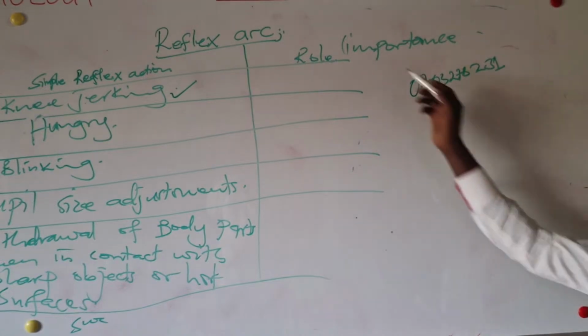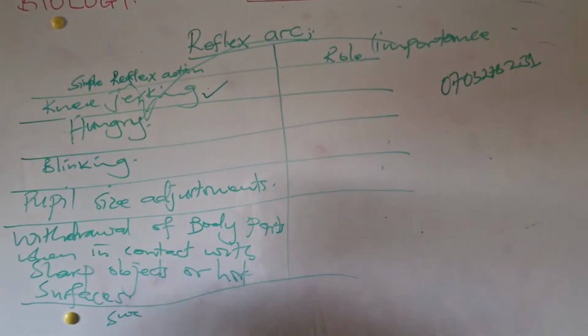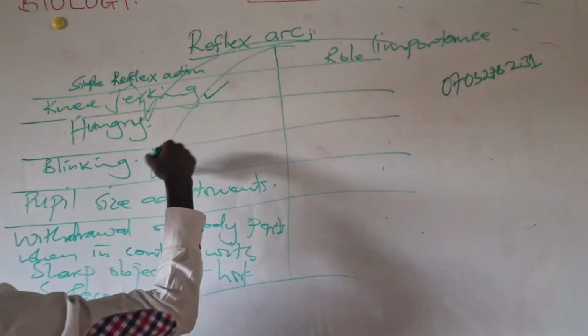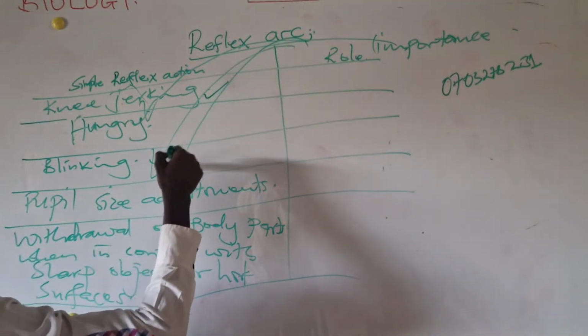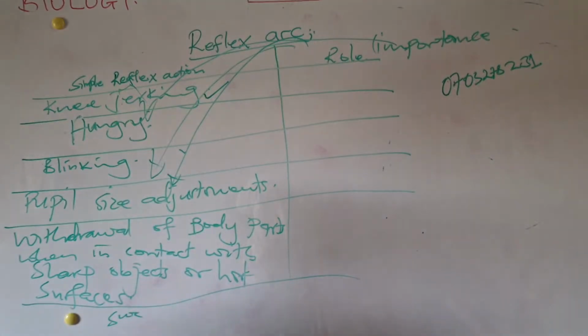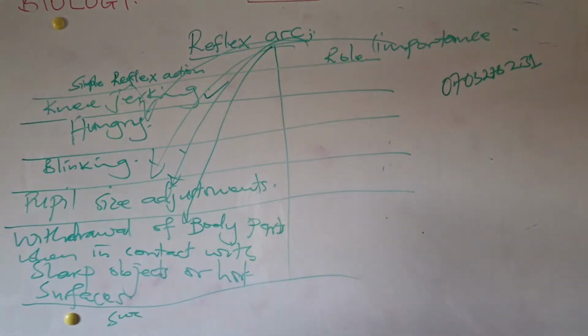So you tell us the importance of the knee jerking when tapped, of blinking, of the eye pupil adjusting in size, of withdrawing the hand and other parts of the body when in contact with hot surfaces and sharp objects. We'd like to find that.